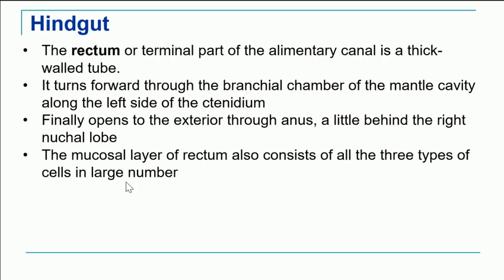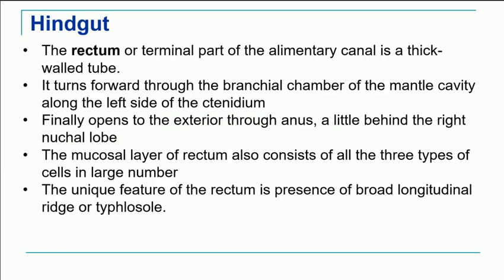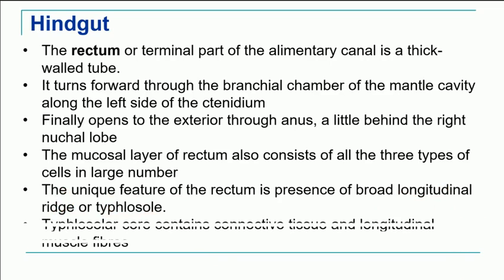Now the mucosal layer of the rectum has all three types of cells, and the unique feature of the rectum is the presence of a broad longitudinal ridge-like structure that is also referred to as a typhlosole. Now the typhlosolar core, that is the central part of this typhlosole, contains various connective tissues and longitudinal muscle fibers.